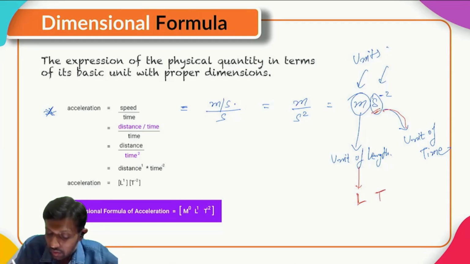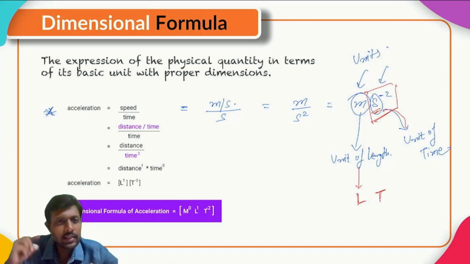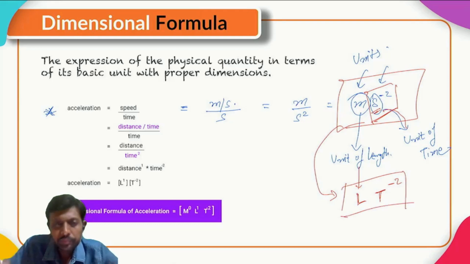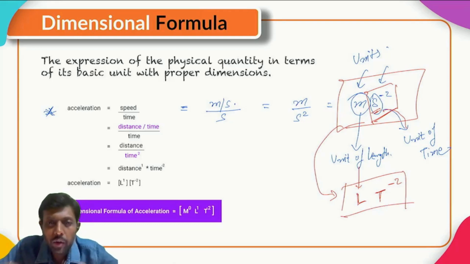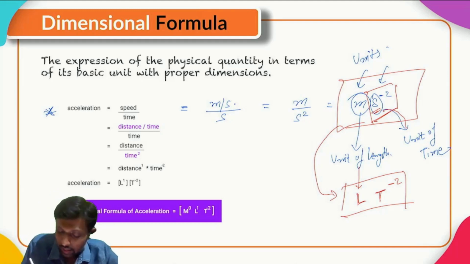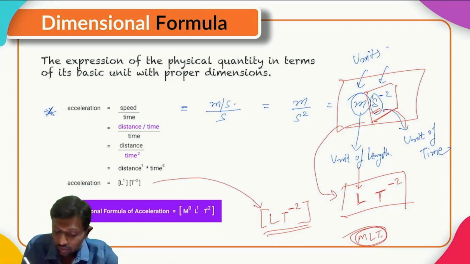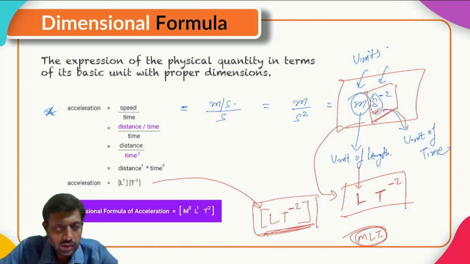It's T. But here in this unit, T or seconds is raised to the power -2. So using this part, we've got this part. Now this LT to the power -2, when placed inside square brackets, gives you the dimensional formula of acceleration.